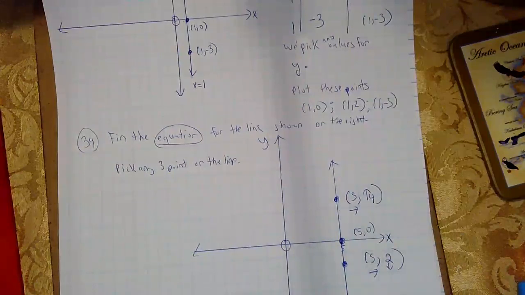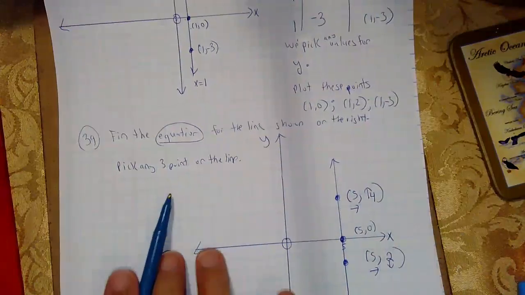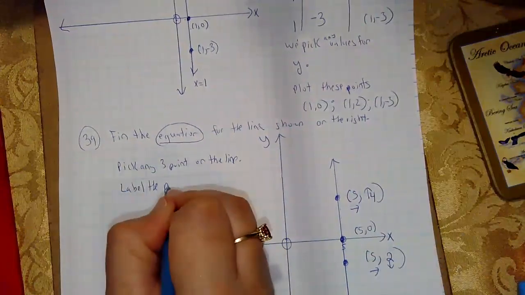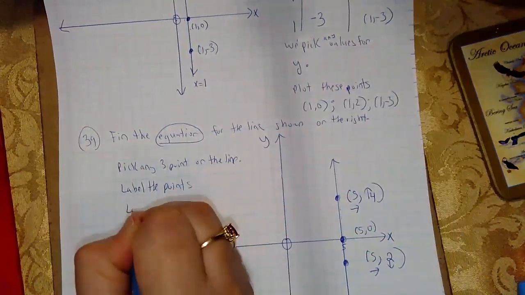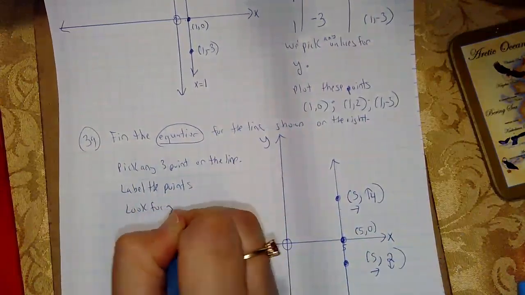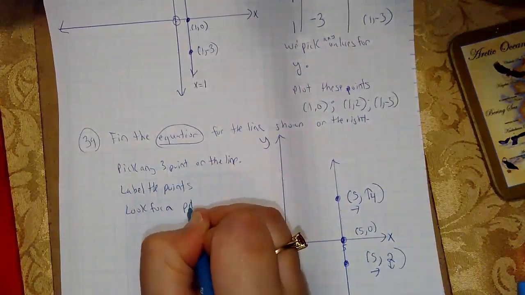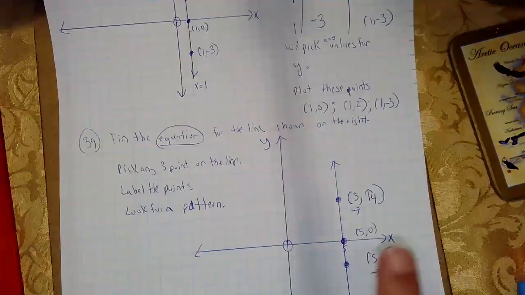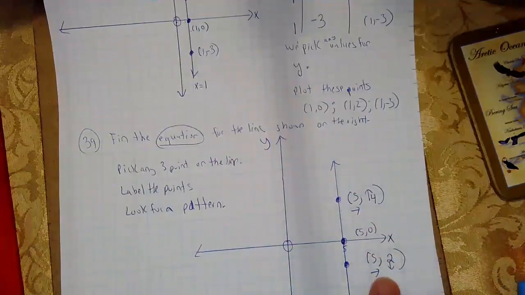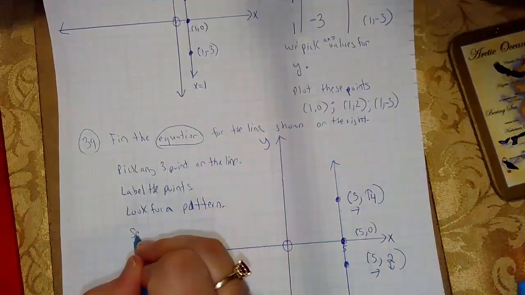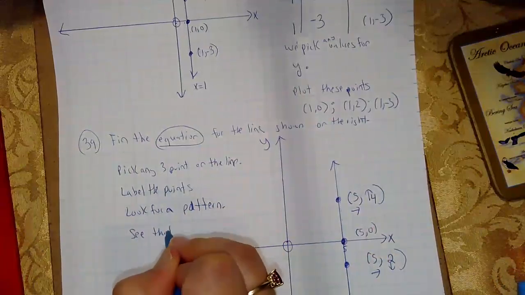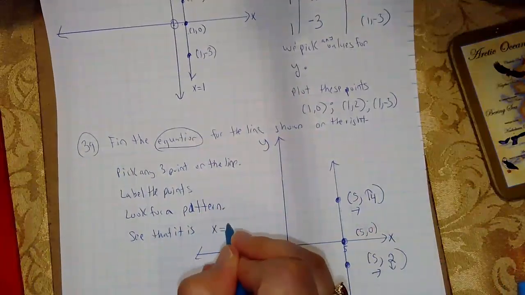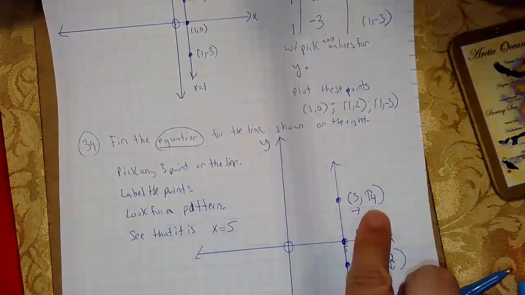And find the equation for the line. So you pick any 3 points on the line, and then you label the points like we did, and then you look for a pattern. You see your pattern x, y, x, y, x, y. See what they have in common.